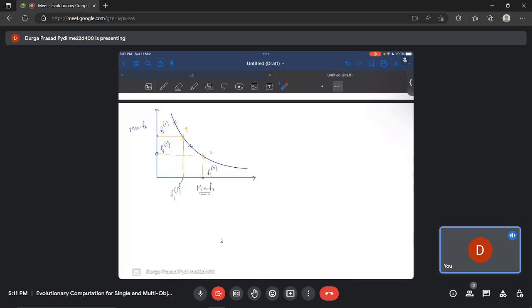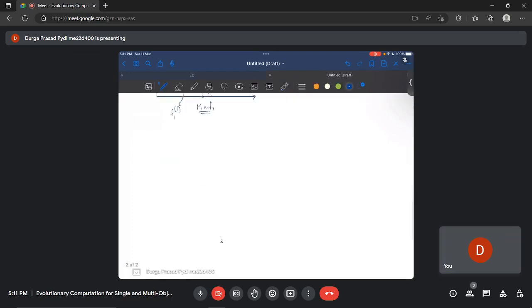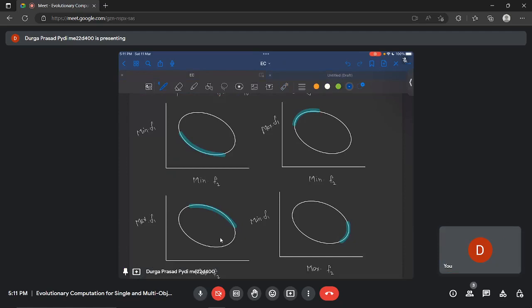I didn't get your question. You are saying ellipse, no? In the ellipse I have shown, the contour plot of this Pareto front, it is tilting this side. Suppose this is a 180-degree turn.